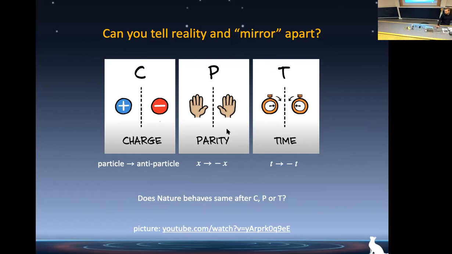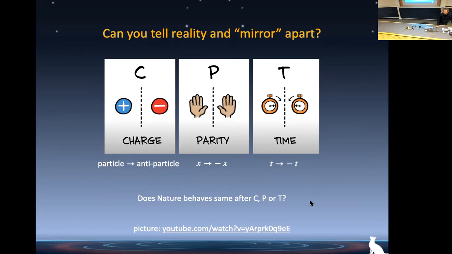The other is parity. It is mirror symmetry, swapping left and right. We made the example at the beginning with bilateral symmetries, like looking at yourself in the mirror. And the last one is time reversal, which is like recording a scene, a video, and then playing it in the reverse time direction, so rewinding.